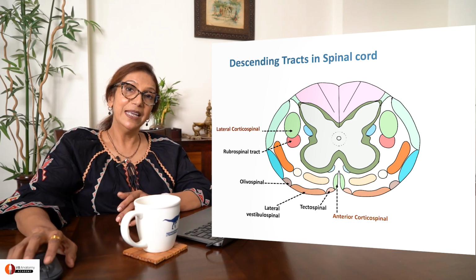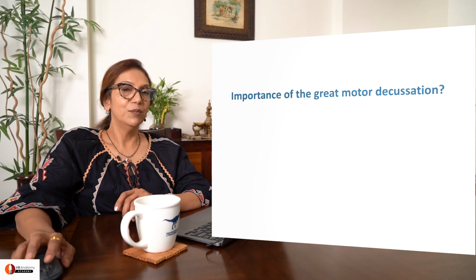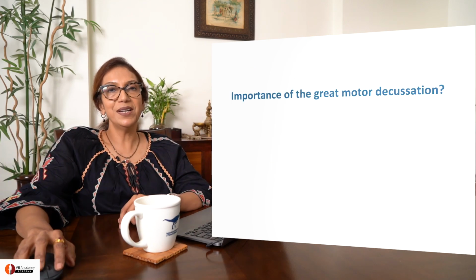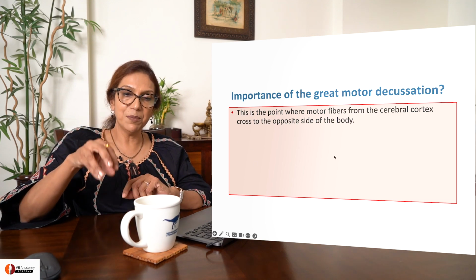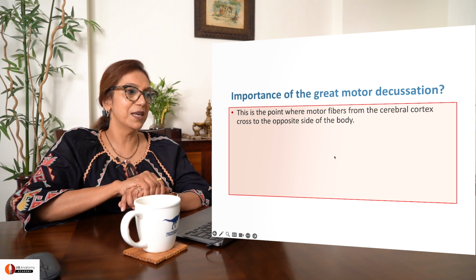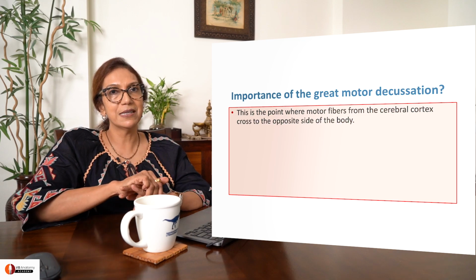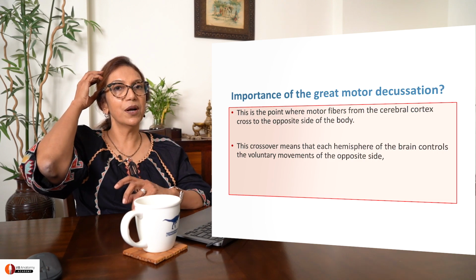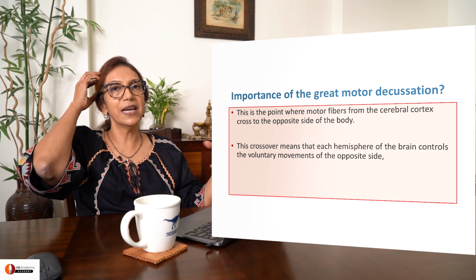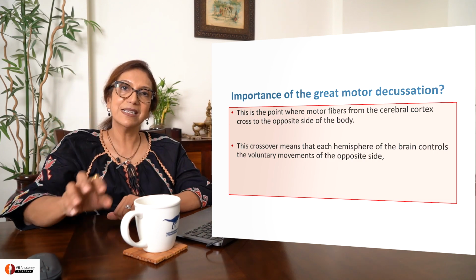Okay? Think about it. What is the importance of the great motor decussation? The importance here is that this is the point where motor fibers of cerebral cortex cross to the opposite side. So, this crossover means that one side cerebrum controls the opposite side motor activity and vice versa.